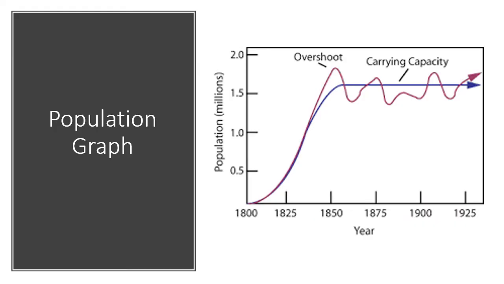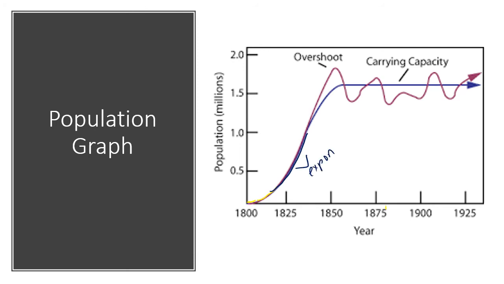All right, now population graphs. This is a typical population graph that organisms follow in an area. So you should remember, a population is a group of one species of organisms. So they always start out kind of slow. All right, and then once they're an established population, it'll begin to grow exponentially.